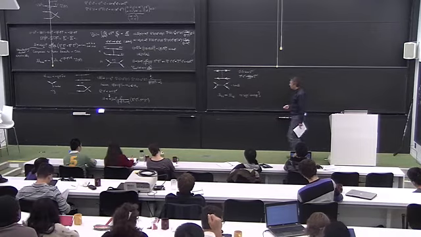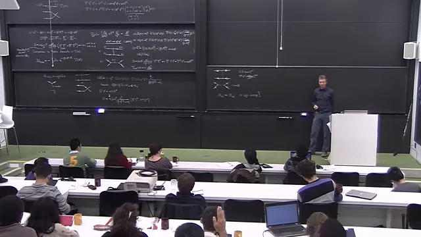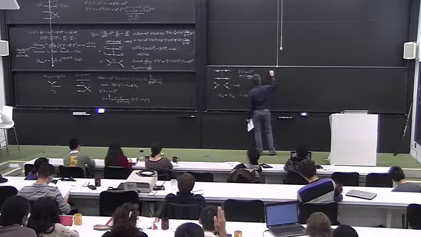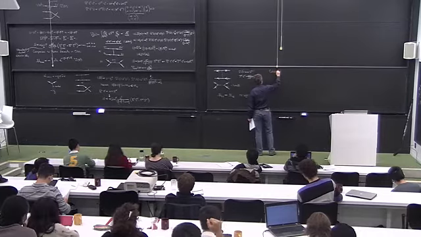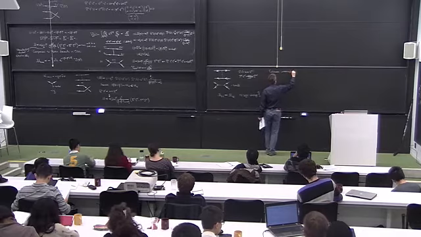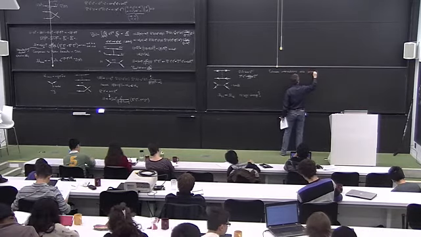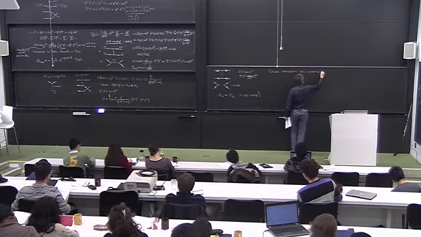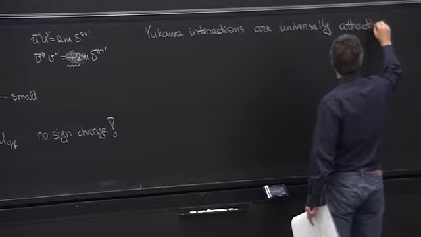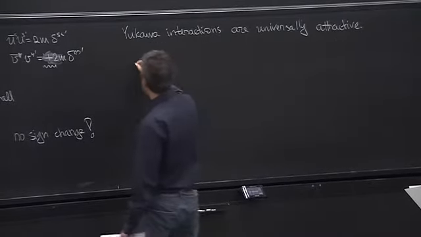And so we conclude that scalar particles mediate universally attractive interactions. So Yukawa interactions are universally attractive. And we can compute the potential.